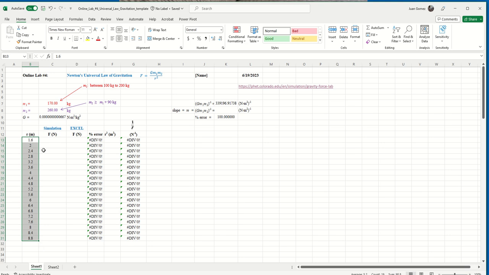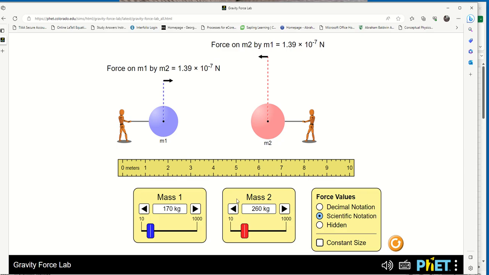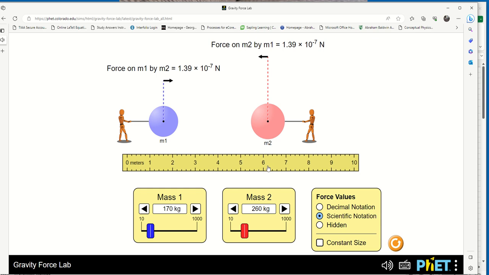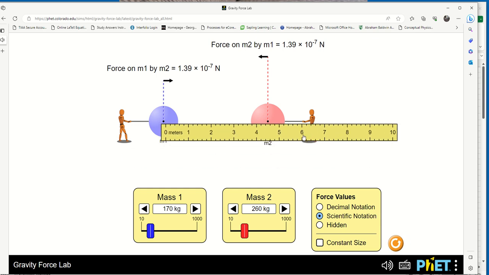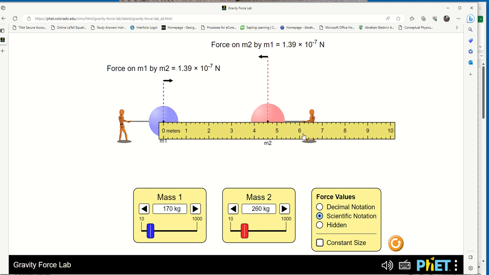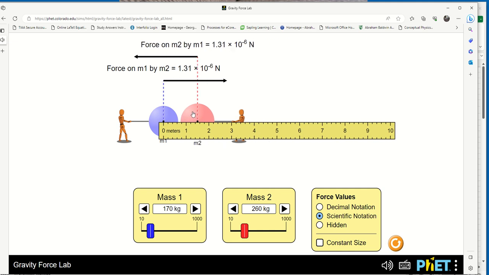You're going to start off again in column B, starting at B13. Those are all the R values, and they're already pre-entered. So what you need to do is set these R values and then record the value of the force from the simulation. How do you do the R's? You can take the ruler and set it up with 0 right at M1, and then just move M2.